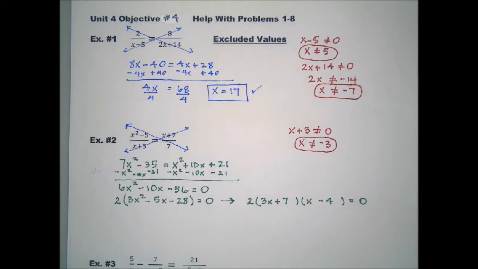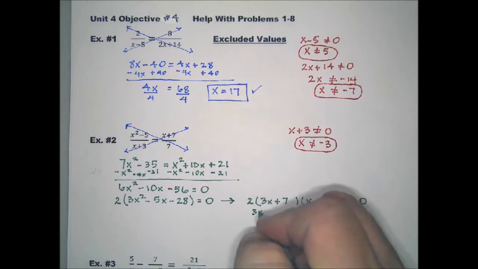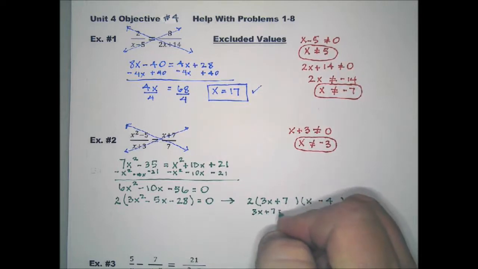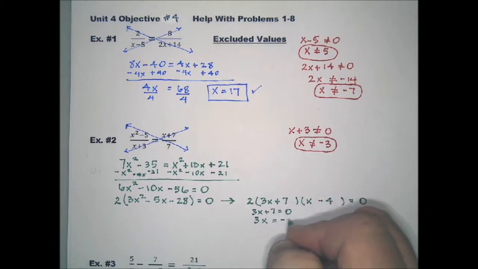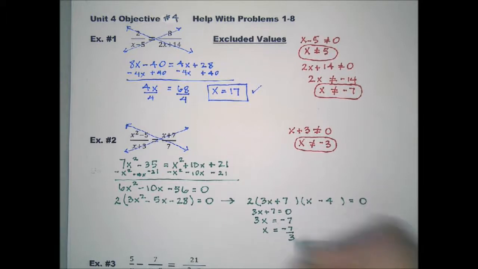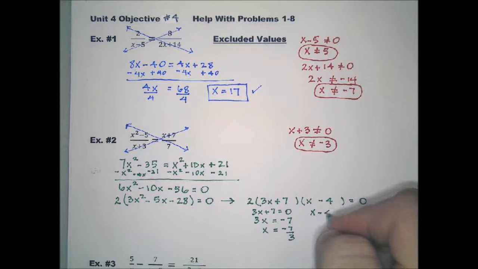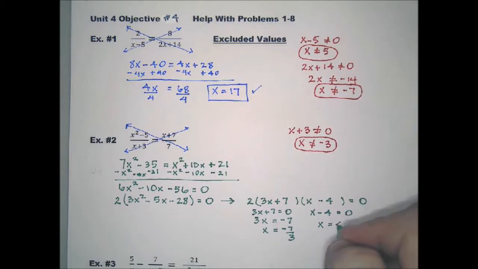Now it's time to get solutions. The 2 isn't going to give us an answer, but the 3x plus 7 is going to give us an answer. So 3x equals negative 7, x equals negative 7/3, and then the x minus 4 is also going to give us an answer by setting it equal to 0, so x equals positive 4.